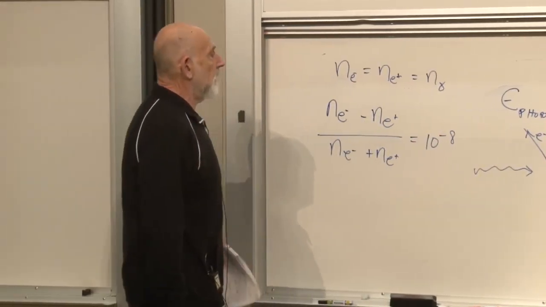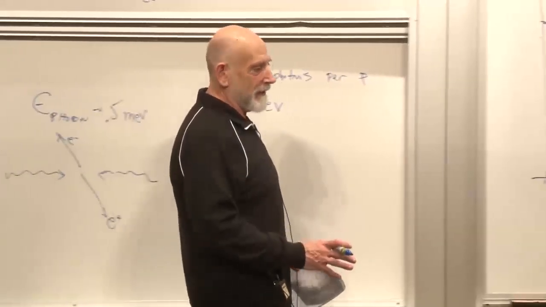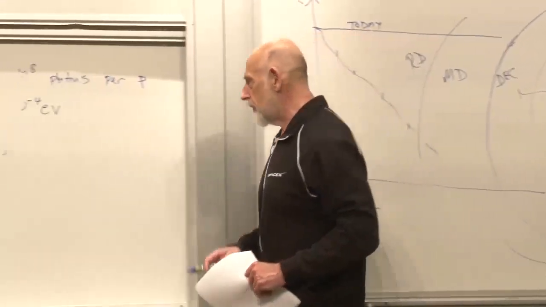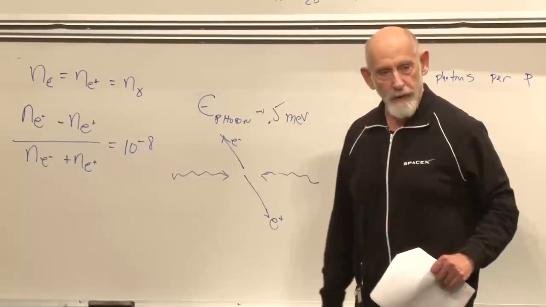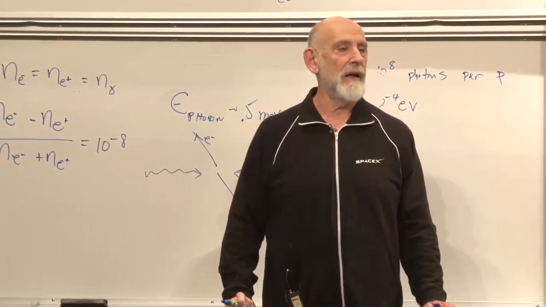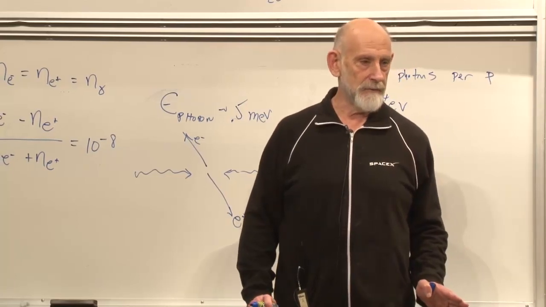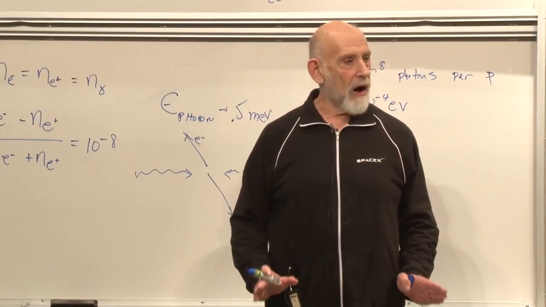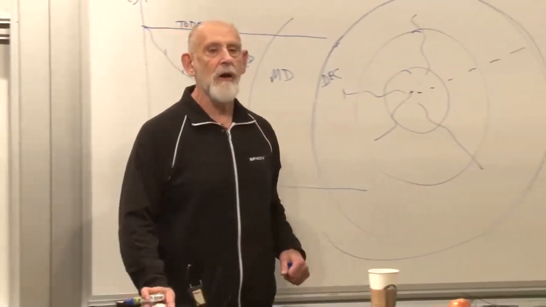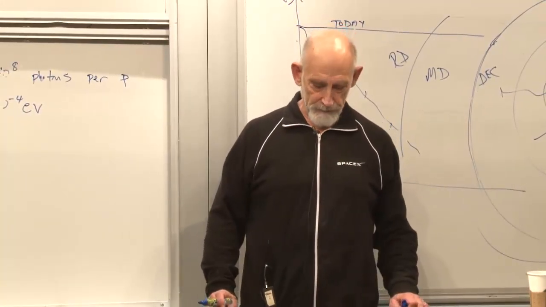In other words, in the very early times when electrons and positrons were as abundant as photons, for every 10 to the 8th electron-positron pairs, there was one excess electron. Now that's an extremely odd fact, and it turns upside down the old question of why there are so many photons.